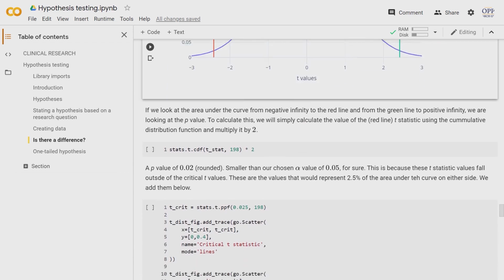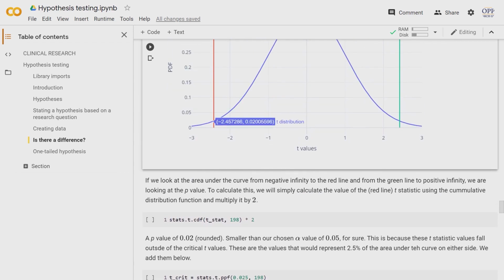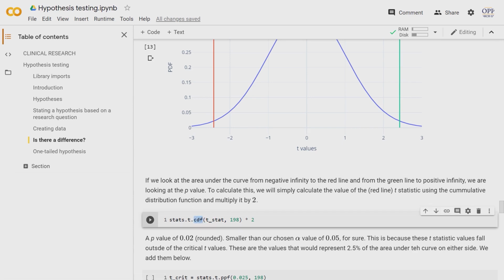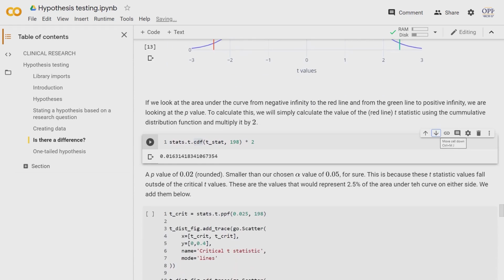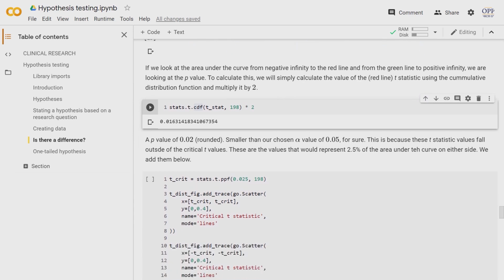And that's as simple as taking our t-statistic here and plugging it into the cumulative distribution function, CDF, there, and I'm multiplying it by 2 because I want both areas under the curve, and there's my p-value, 0.02 if we round it off, exactly what we found before when we used the simple line of code. But now you know what's happening behind the scenes.